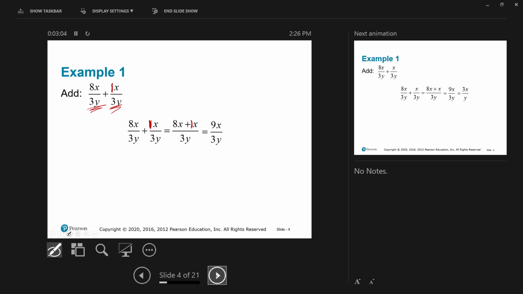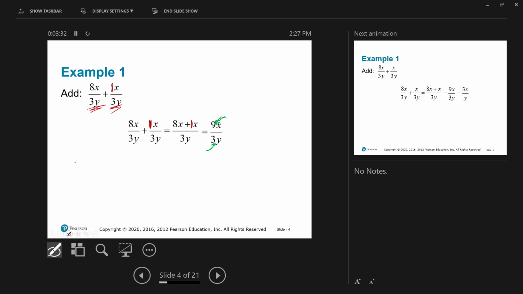Cool. Now, question. We've added, yes? What's the very last step we're supposed to be doing? That's right, we're supposed to see if we can reduce, but before we see if we can reduce, we need to make sure there is multiplication in between this 3 and y, and in between this 9 and x. And gratefully, there's multiplication in between them, which means we can look at them separately.